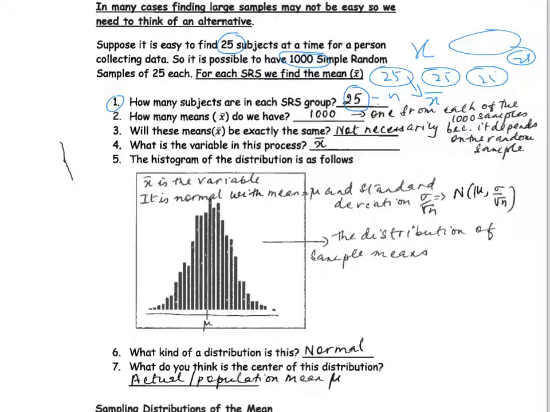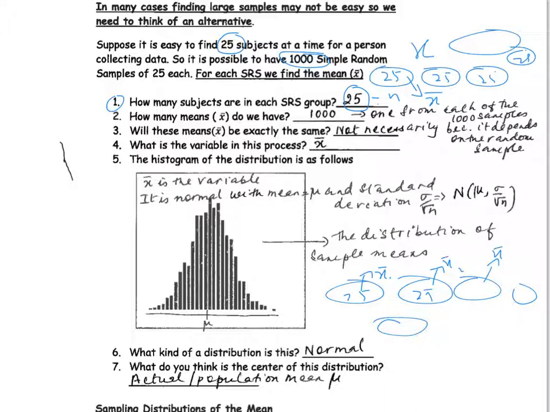Now think about what we're doing. We collected multiple samples, many samples, each containing 25. For each, we're going to figure out what the x bar is. So each sample is going to give us an x bar. Now notice that there are x1 bar, x2 bar, x3 bar, and so on, and the last one is x subscript 1000 bar.